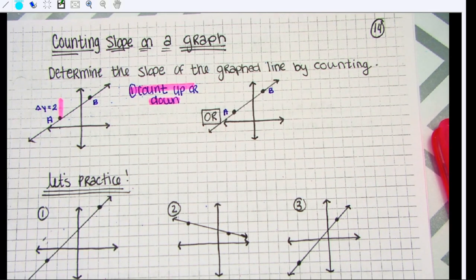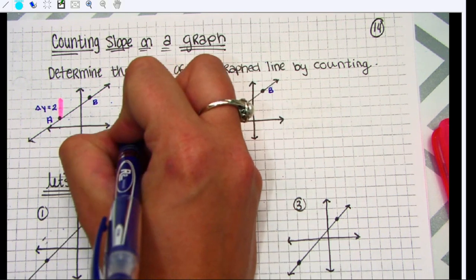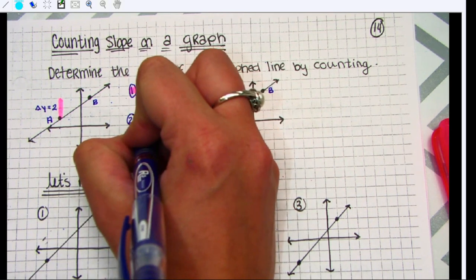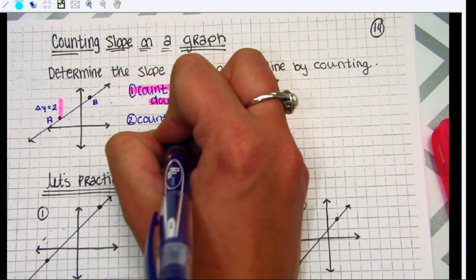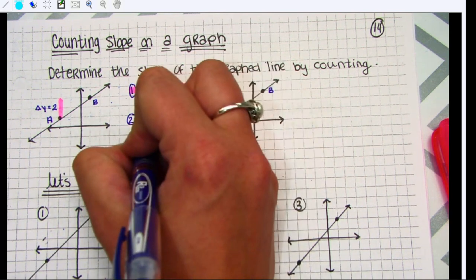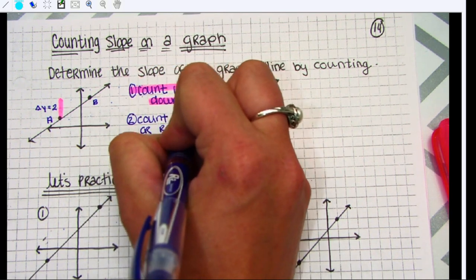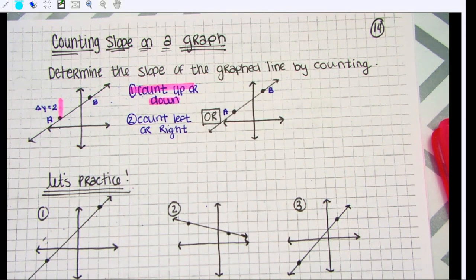Step 2 is to count in the X direction. So we're going to count left or right. From the point that I have stopped at, I need to again go over towards B. I can only count up, down, left, right. I can never go diagonal. Gabe's saying 3.